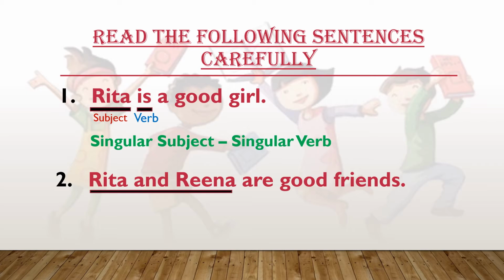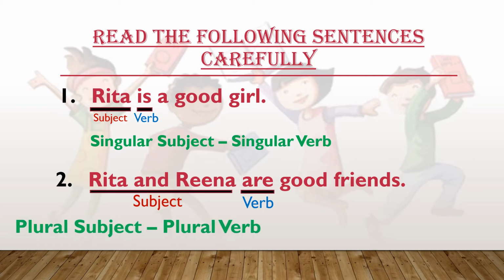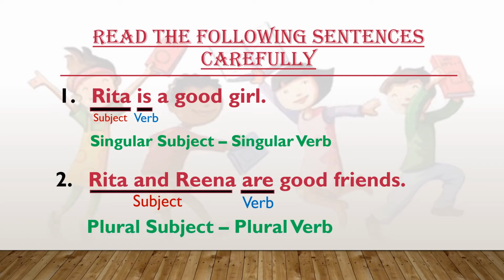So that's a plural subject. And what is the verb over here? The verb over here is are, A-R-E. Again, a B form of verb. And as I told you, are is a plural form of verb. So we again come back to the same thing, that if the subject is plural, our verb will be plural.